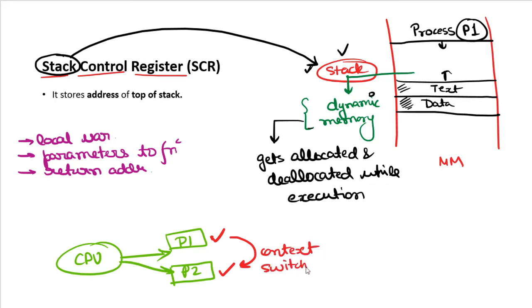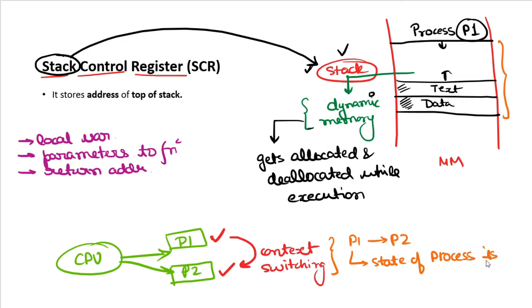When it does this context switching, for example from P1 to P2, inside the memory block of process P1 the state of this process is saved.